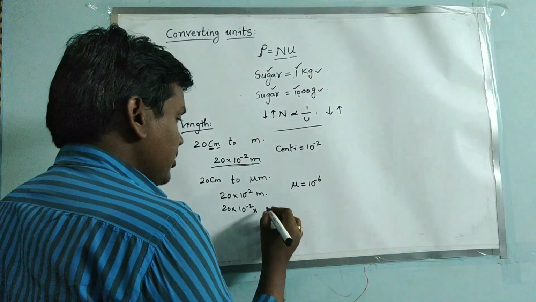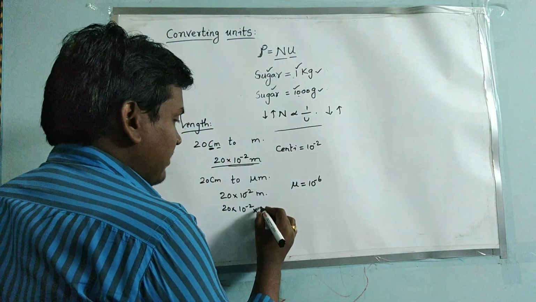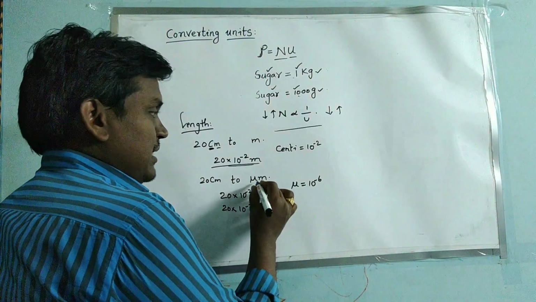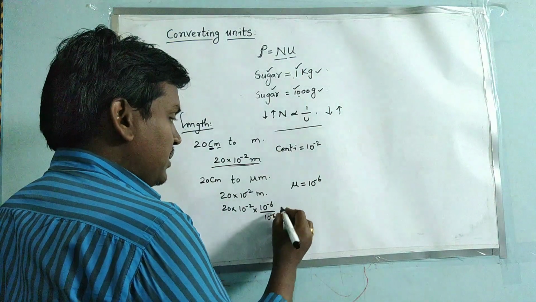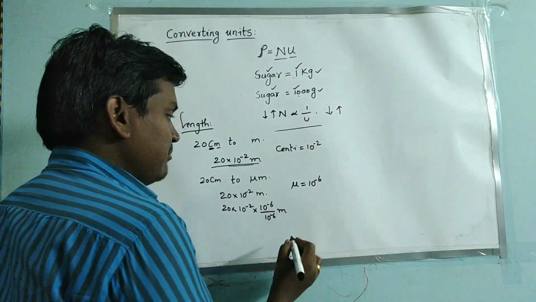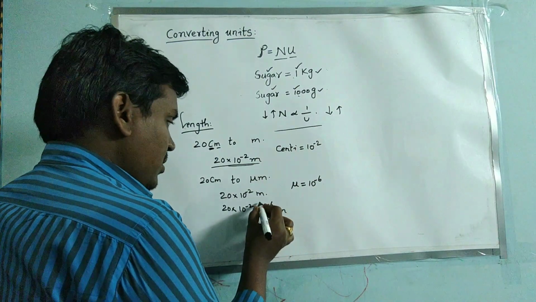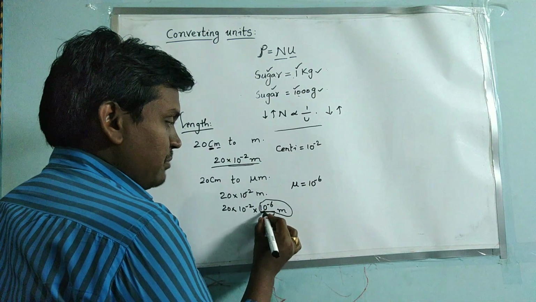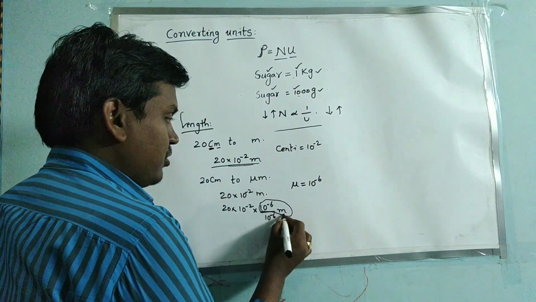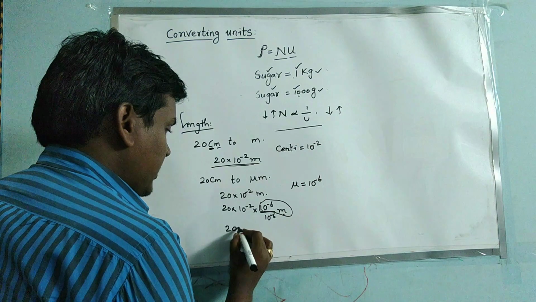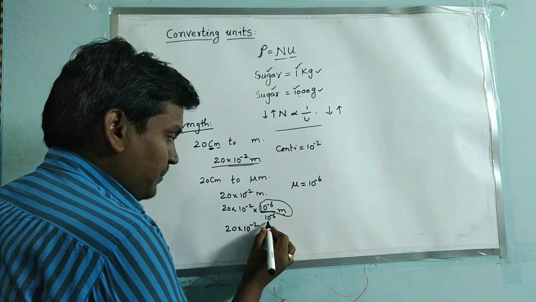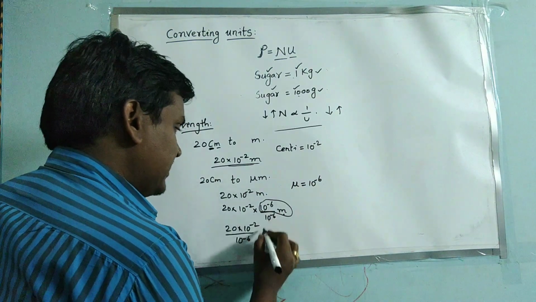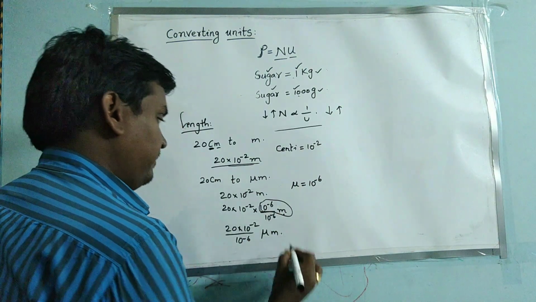And now I am multiplying and dividing with 10 to the power of minus 6. Why? Because the micro value is 10 to the power of minus 6, and here I am naming meter. Now these two, how can we write? This is micro meter, so micrometer. That means 20 into 10 to the power of minus 2, and this 10 to the power of minus 6 I am writing in the denominator here, and this I am writing as micrometer.